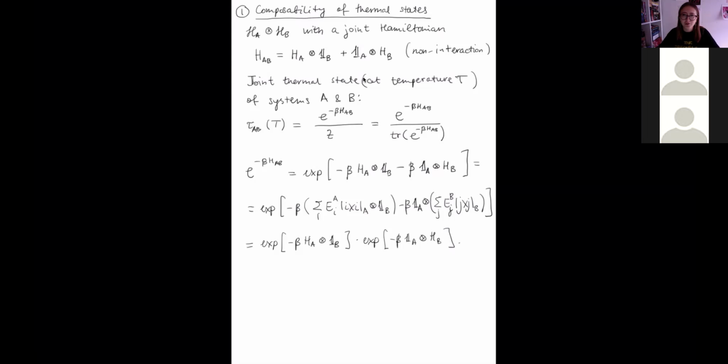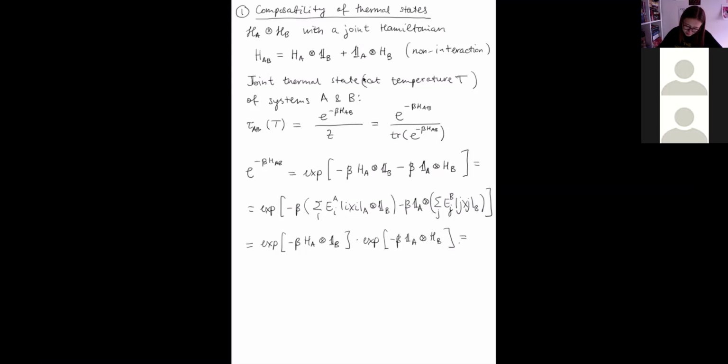However, it is true if these two matrices are simultaneously diagonalizable. So if there is a certain basis in which both terms in the argument are diagonal, then you can do this intuitive thing that we usually do in calculus. And in this case, this is exactly what happens because both terms are explicitly diagonal.